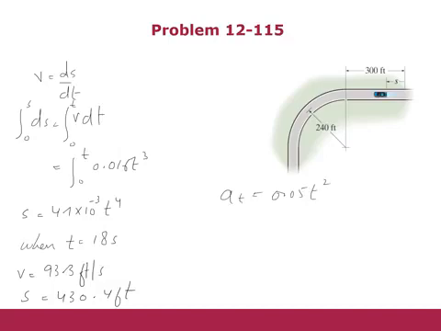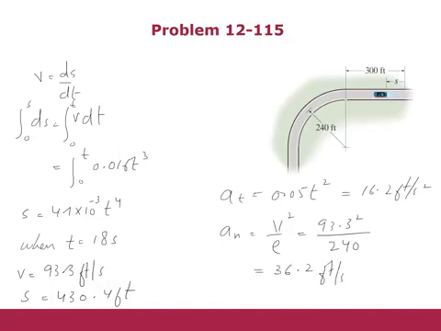You will just put the value of t, and you will get 16.2 feet per second square, right? And the normal acceleration will be v square by rho, and you have calculated velocity, which is 93.3 square over rho, which is 240, right? And when you solve it, you will get 36.2 feet per second square, okay?